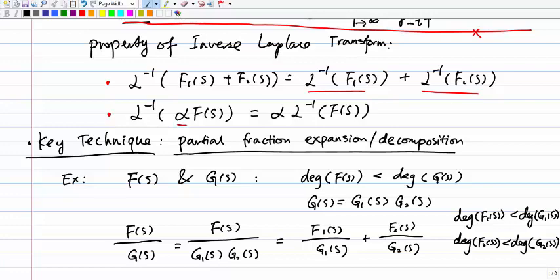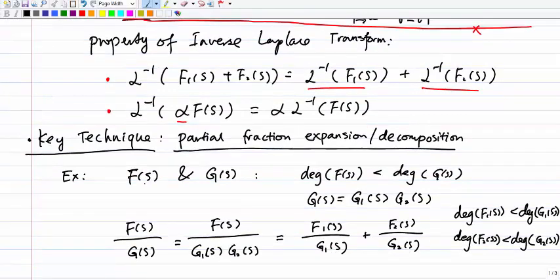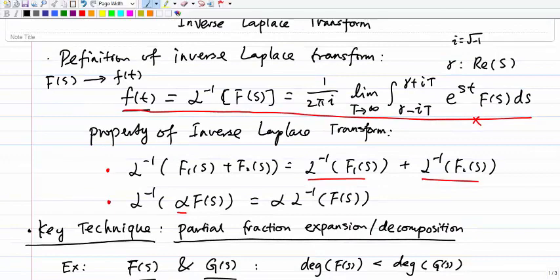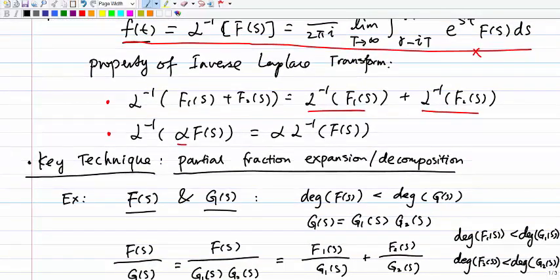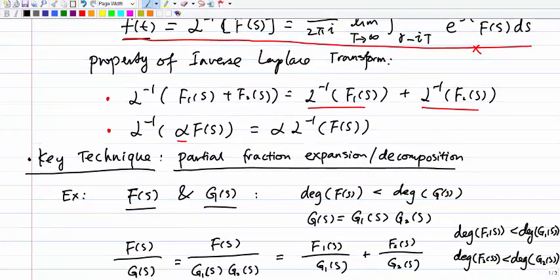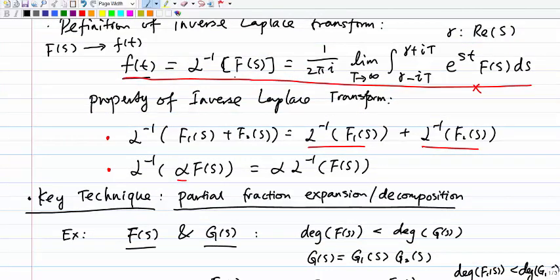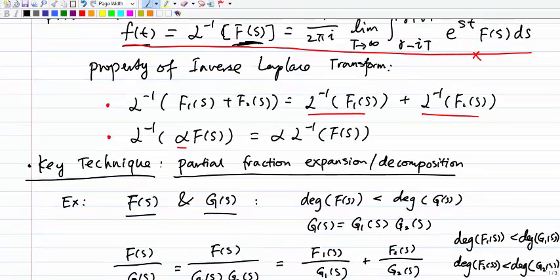Basically, when we talk about the inverse Laplace transform, we typically talk about something like F(s) divided by G(s), instead of directly talking about F(s).